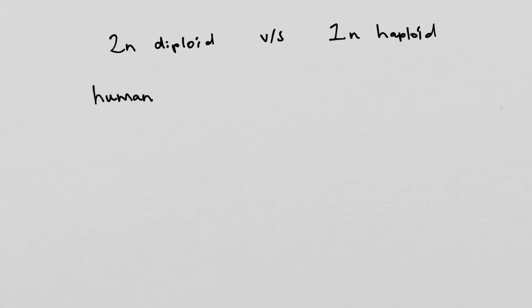So what then is 2N diploid versus 1N haploid? What is the human diploid number? 46.